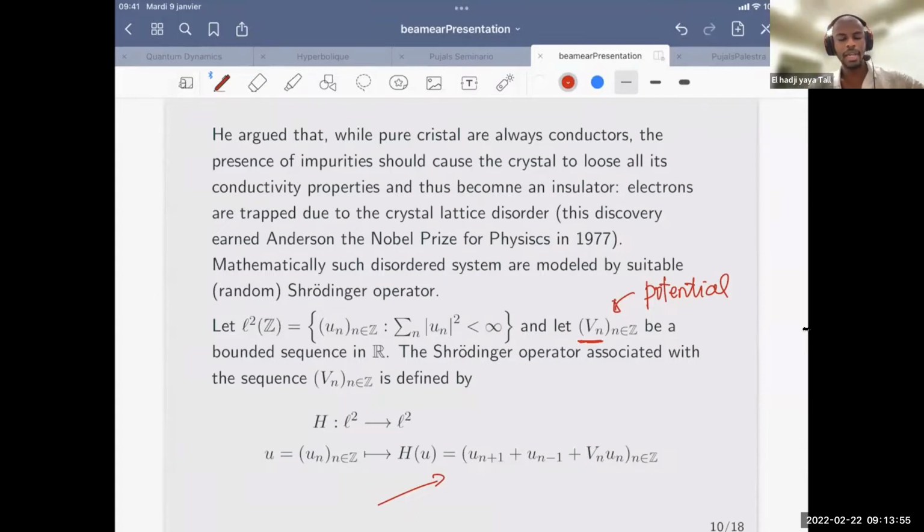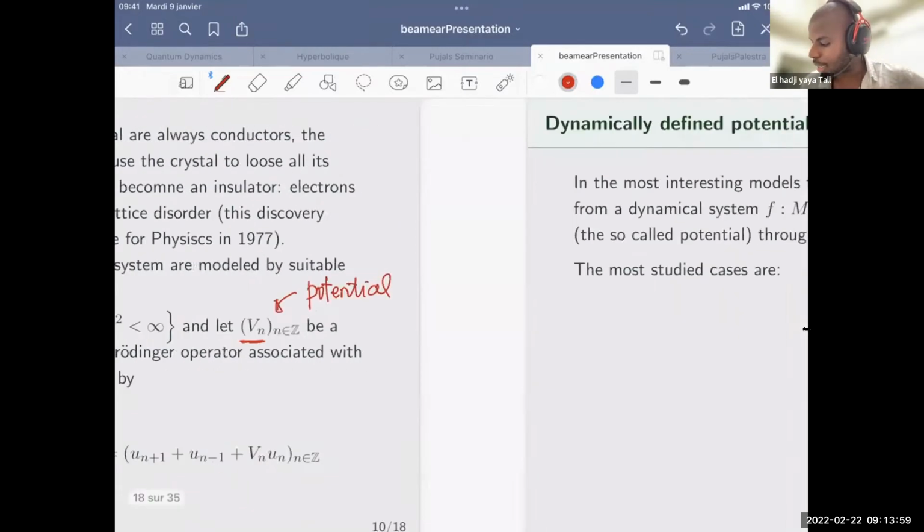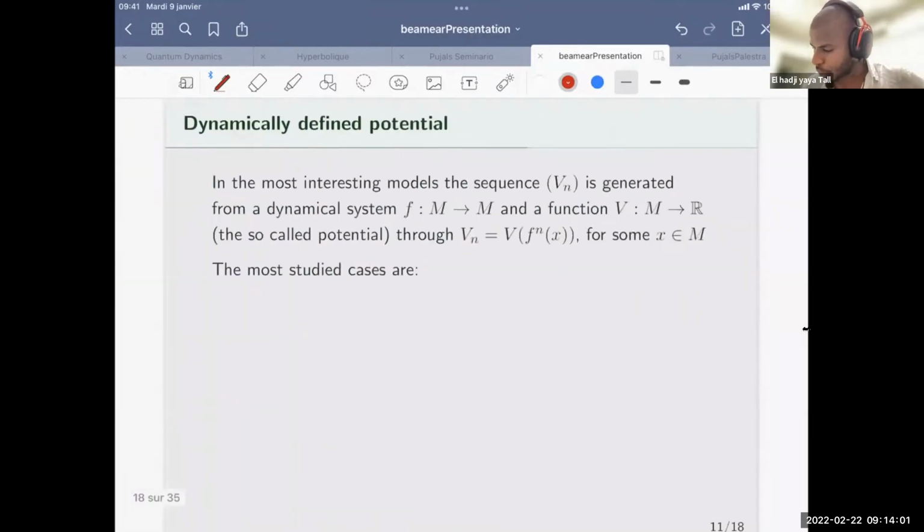For us today, Vn will be dynamically defined. Dynamically defined means that you start with a dynamical system, which is a measure preserving map f from M to M, and you take a function v from M to R, which is called the potential, and you define Vn to be v of f^n.